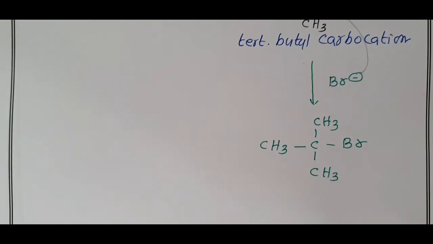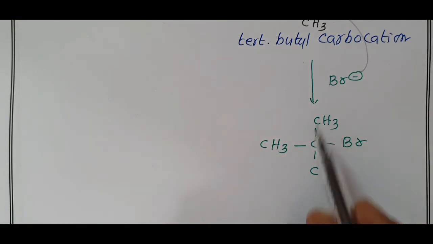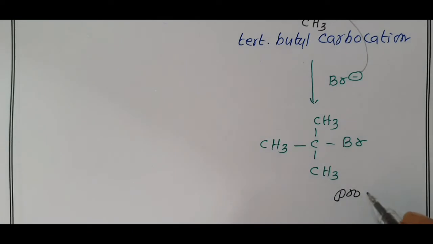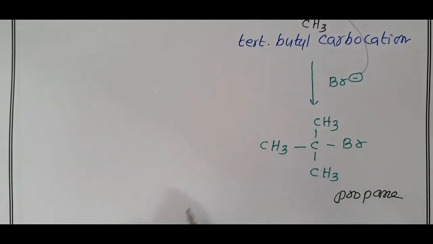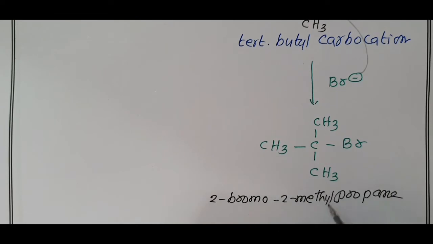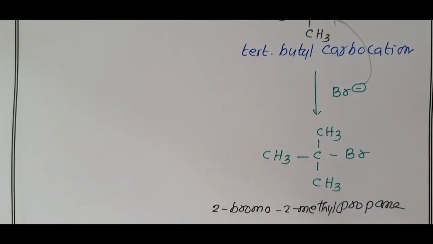This is our product. What is the name of this product? 1, 2, 3, 3 carbons, prop, carbon single bond, ane, propane. Second carbon containing one Br and one methyl. Therefore, 2-bromo-2-methylpropane is the IUPAC name of this compound.